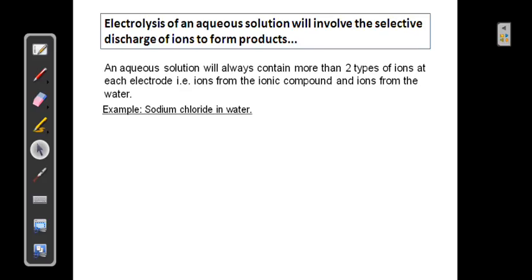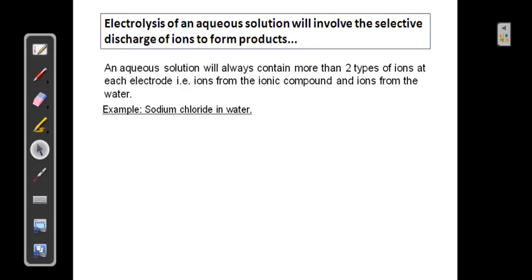That is, ions from the ionic compound and ions from the water itself. That's the reason why they have two types of ion at each electrode. So you may have 4, you may even have 5, but at least there will be 2 at each electrode most of the time.